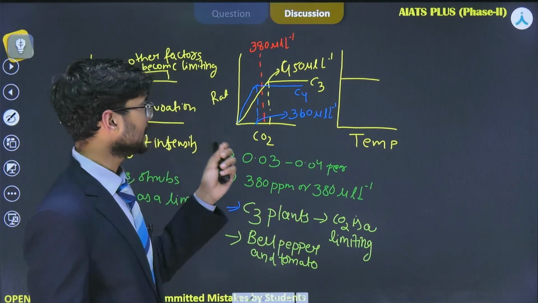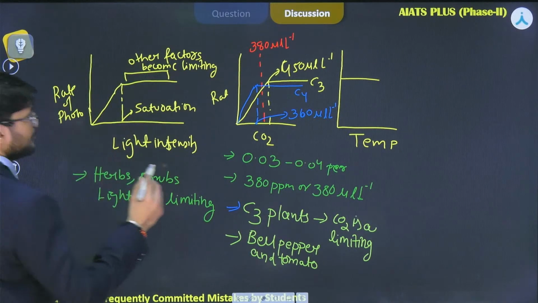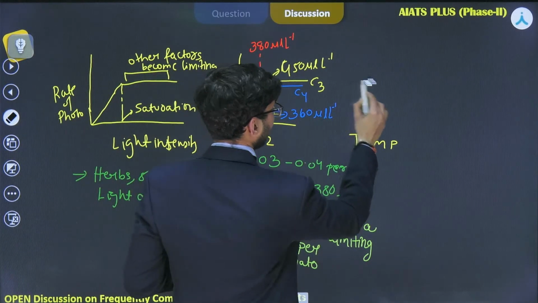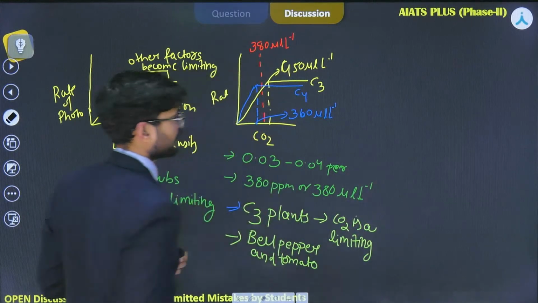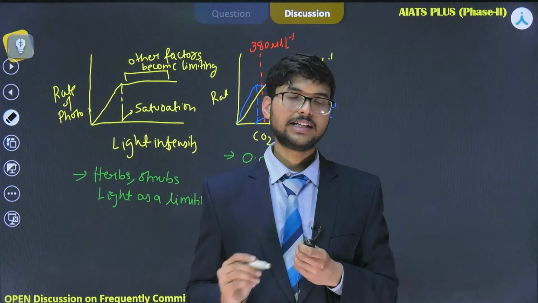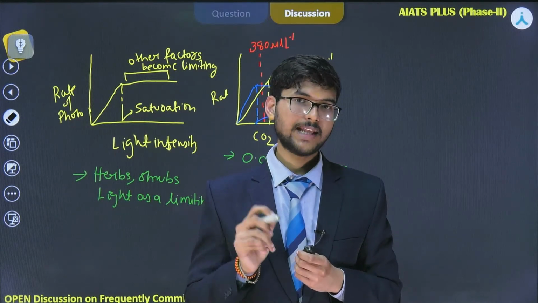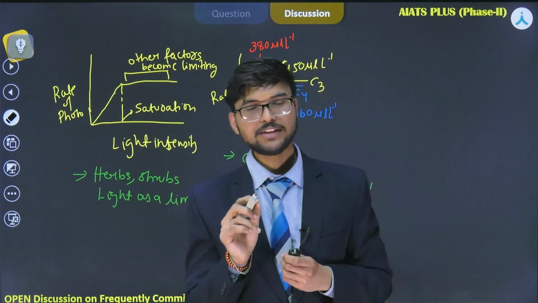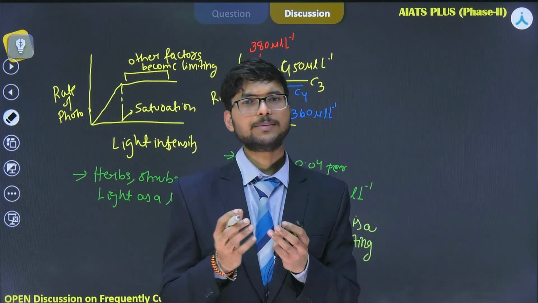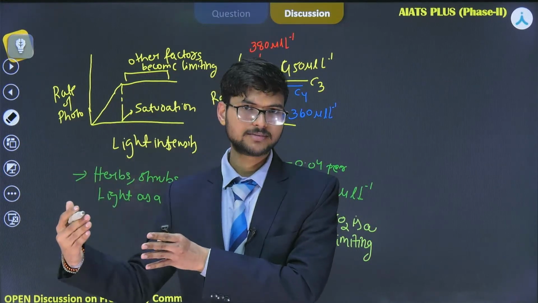Okay, now the next concept is temperature. Why is temperature a factor affecting the rate of photosynthesis? You have learned biochemistry, and in biochemistry you have learned about enzymes, right? Enzymes work at different temperatures according to their protein properties.